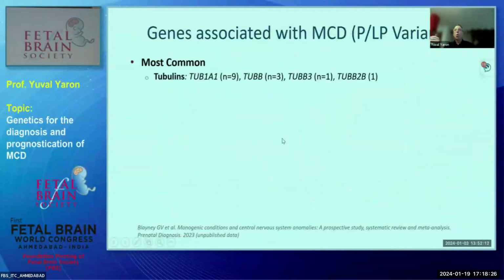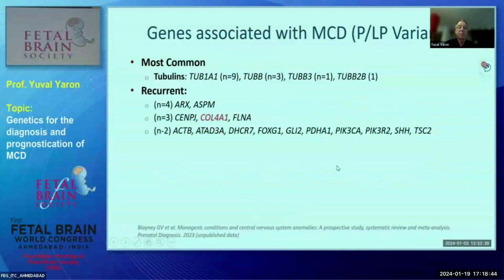So when we look at the different genes that are associated with malformation of cortical development, of course, the ones that rank high are the different tubulins, and this is from the same meta-analysis showing the involvement of various tubulins. The recurrent cases, again, show different genes that are associated with the big three pathway, sonic hedgehog pathway, and others.